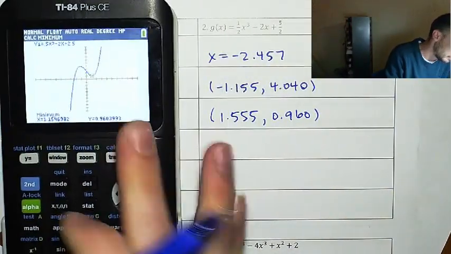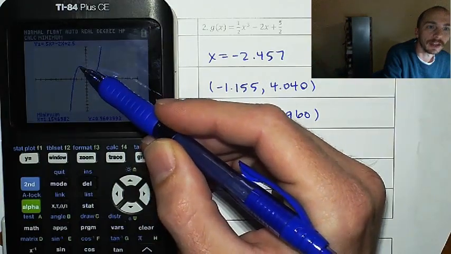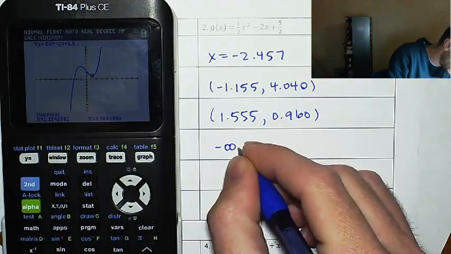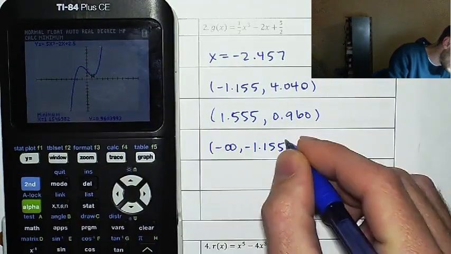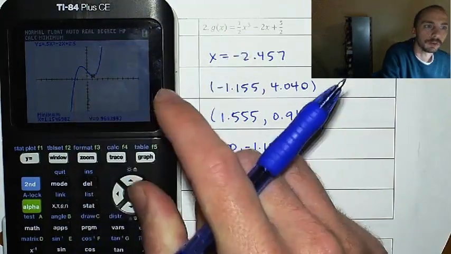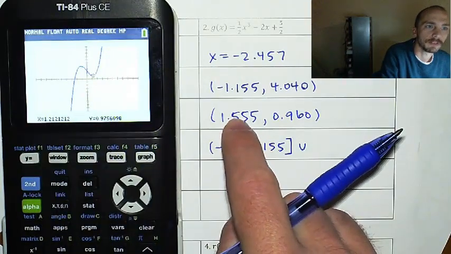Intervals of increase. Well, it's increasing in this first point up until that location of the relative maximum. So that would be negative infinity up to negative 1.155. But then also after the location of the relative minimum. Okay, so after this 1.555.